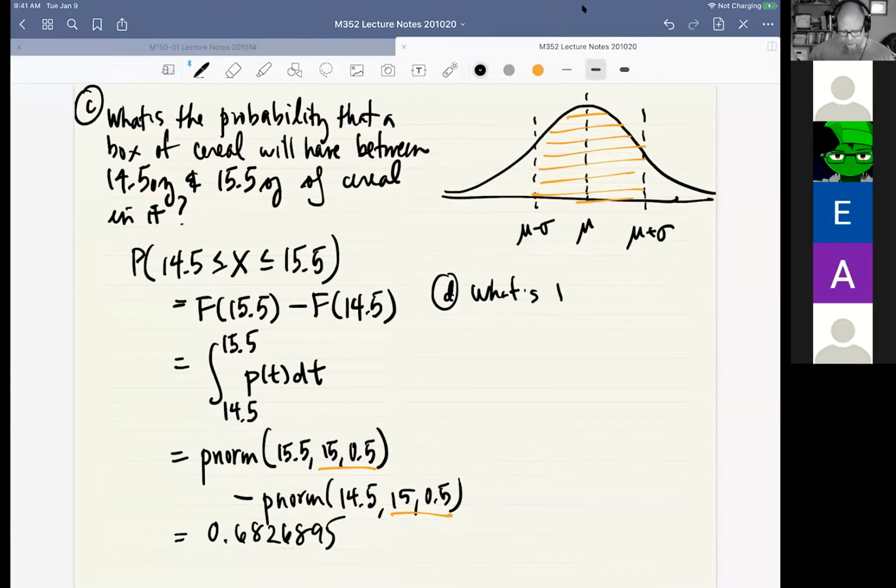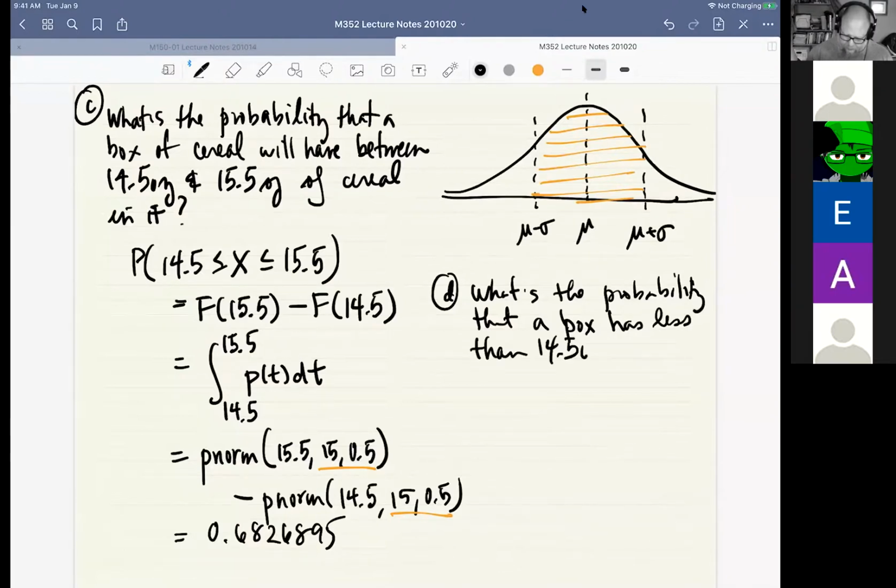What's the probability that a box has less than 14.5 ounces of cereal? Okay, so on the one hand, you could set up this.